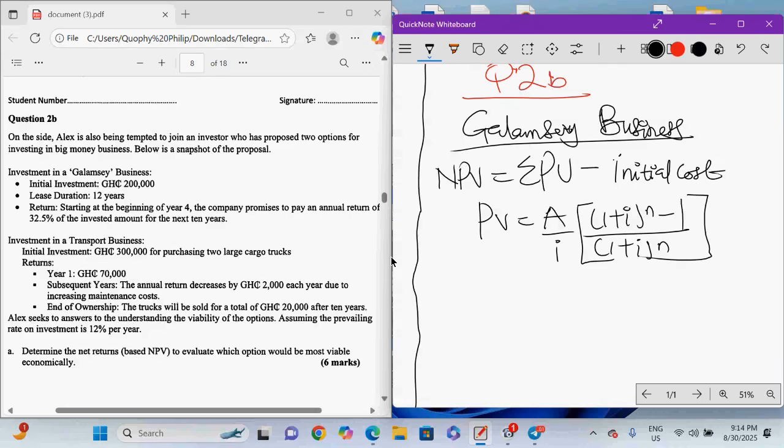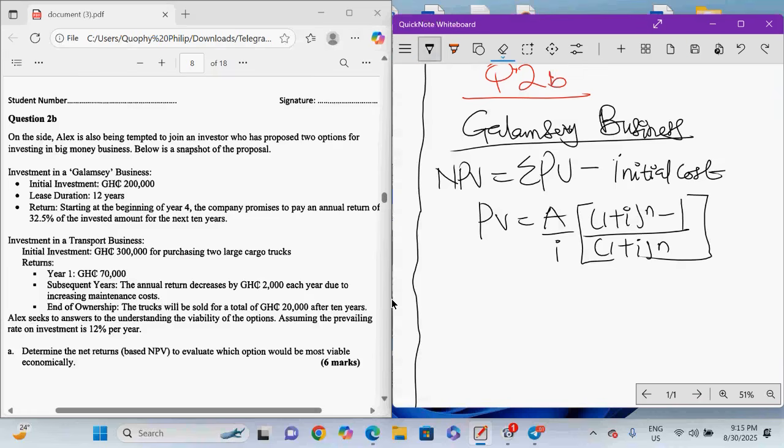When you are having a cash flow like this, and it is not starting from year 0 or year 1, a period other than year 1, then it's prudent you draw the cash flow diagram. It will be prudent you draw the cash flow diagram because it is starting from a period other than period 1, so that you see the bigger picture of the whole question.